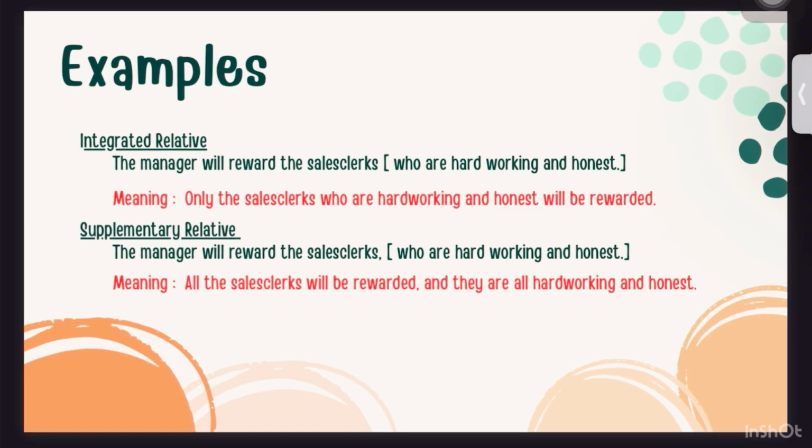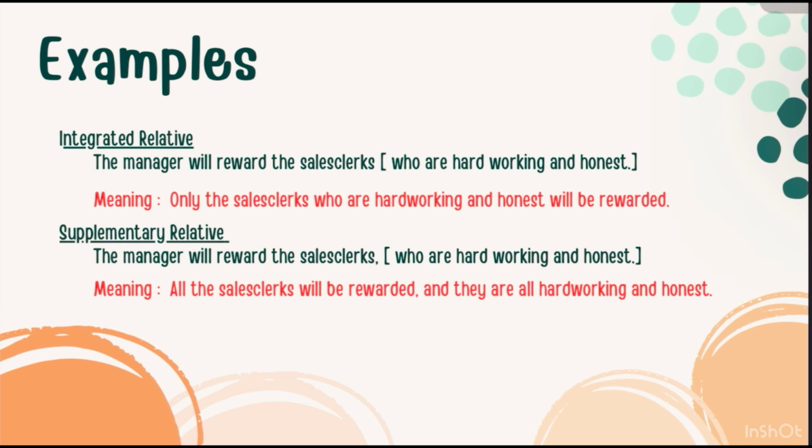Okay, for integrated relative, there is no comma here, so it is essential information. So the meaning of this sentence is only the sales clerks who are hardworking and honest will be rewarded.